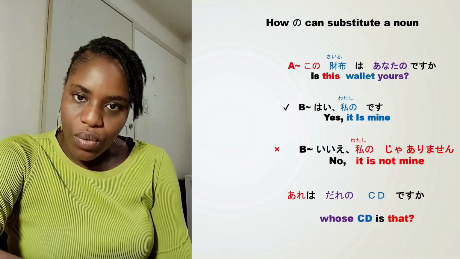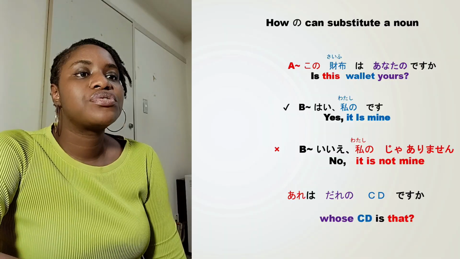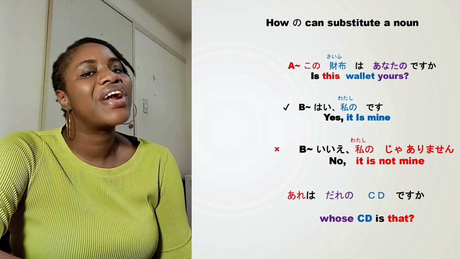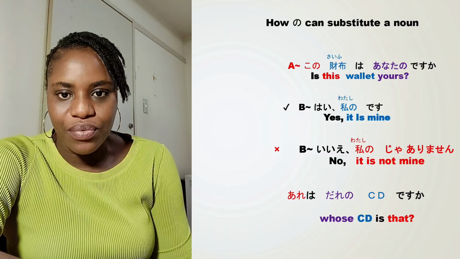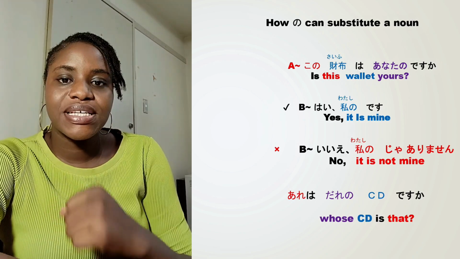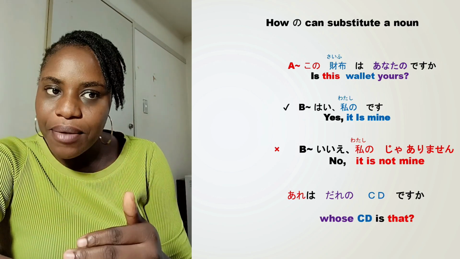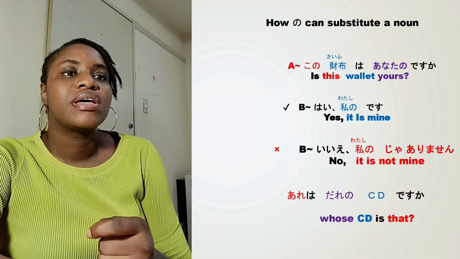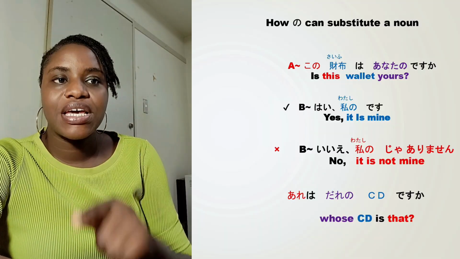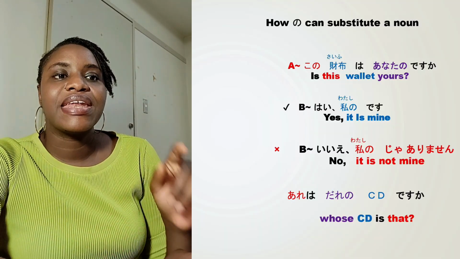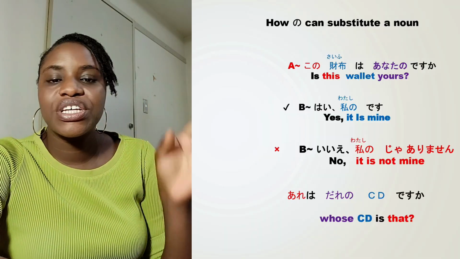The next one is how no can substitute a noun. Now, no can substitute a noun when we have already talked about that particular noun, so we don't want to repeat the noun. An example, この財布はあなたのですか? That's a question. So we have already mentioned saifu, and then I want to ask, is this wallet yours?